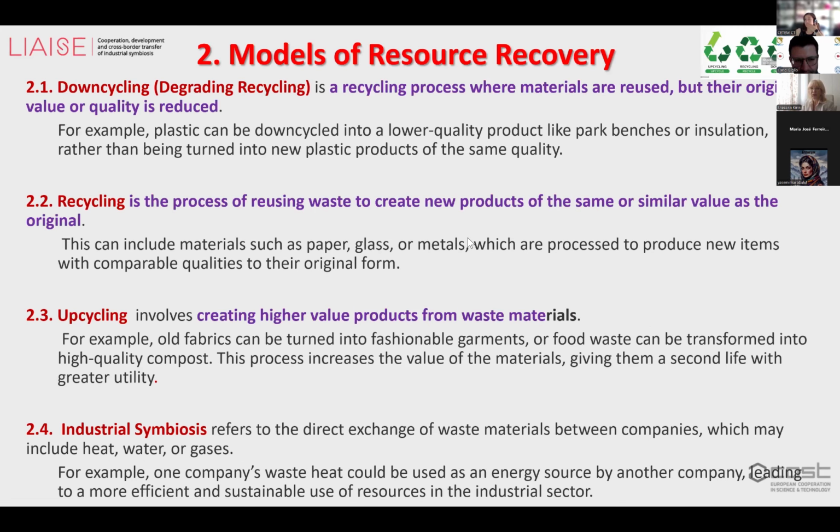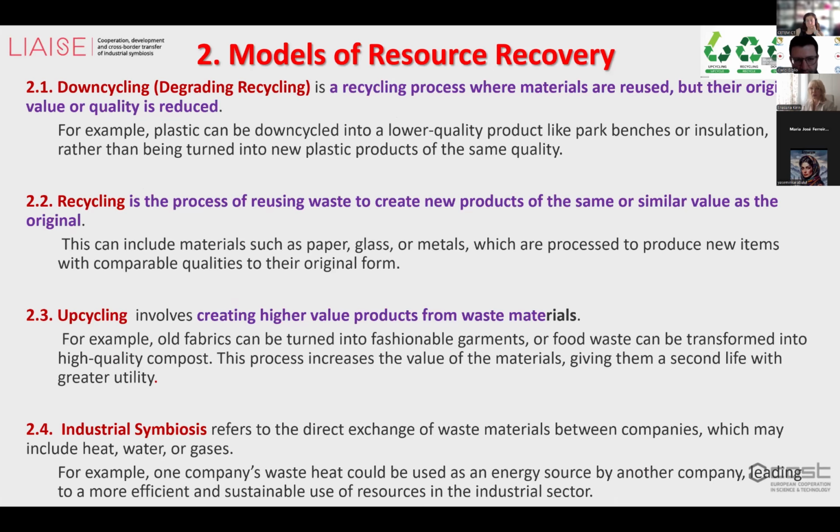The second listed model is resource recovery, and we have here 4 subgroups. The first one is downcycling, which is a recycling process where materials are reused, but their original value or quality is reduced.